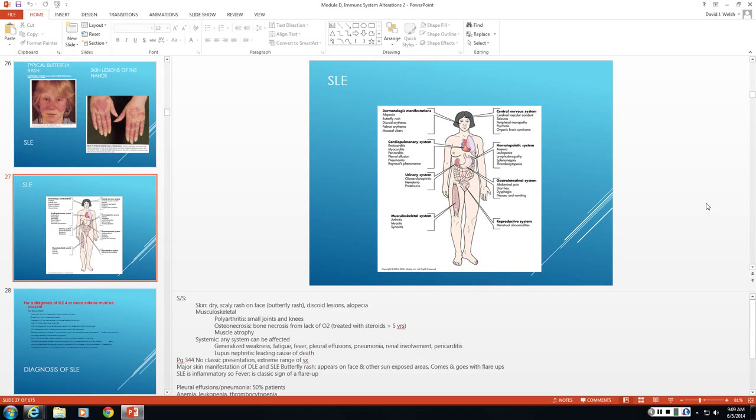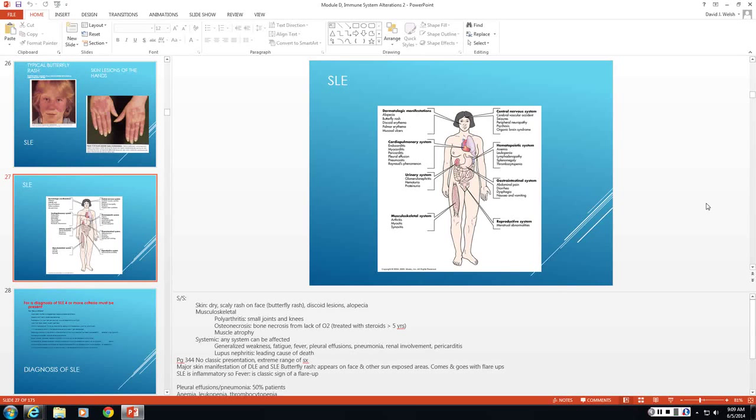This is usually treated with steroids for greater than 5 years. They're also going to have muscle atrophy. Systemically, any of the systems can be affected. So you're going to have generalized weakness, fatigue, fever.